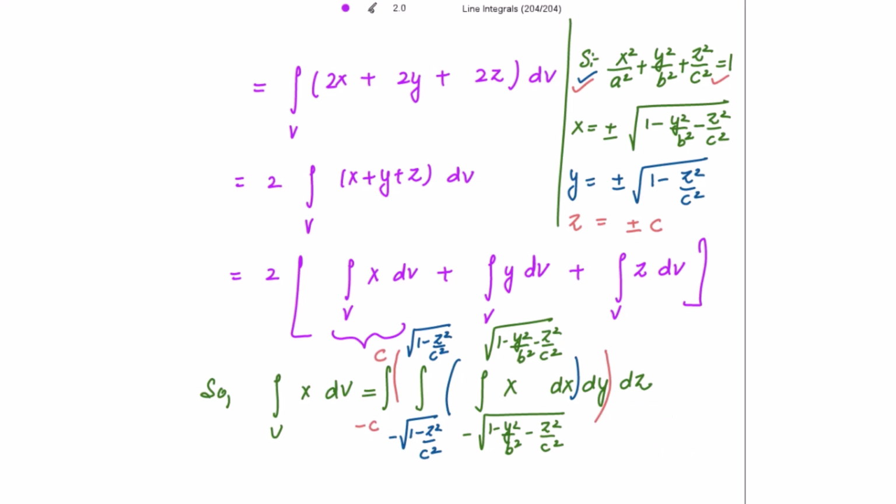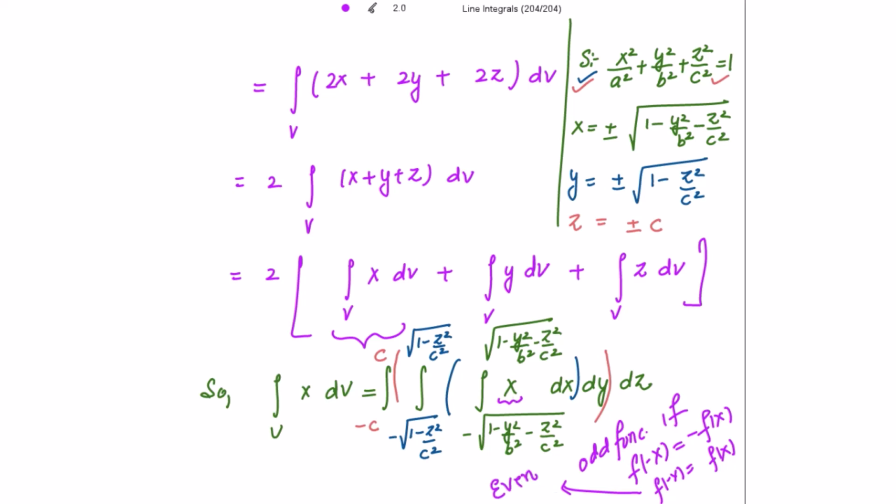Please notice that here x is the odd function. What is the odd function? If f of minus x is equal to minus of f of x for all x in the domain of f, then the function is odd. And if f of minus x is equal to f of x for all x in the domain of f, then the function is even.